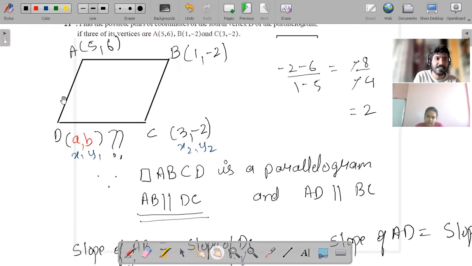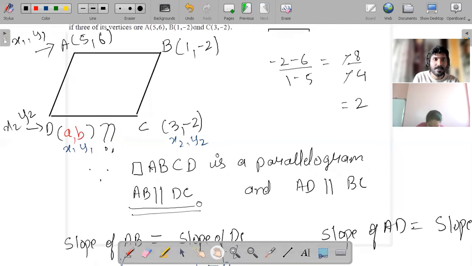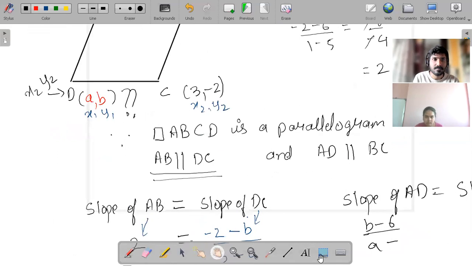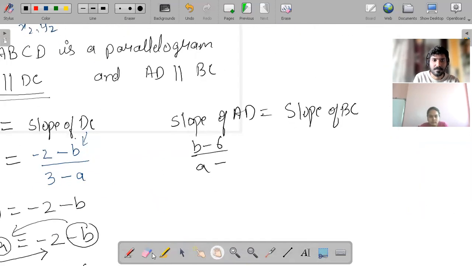If you see AD is this, so when I'm finding out slope of AD, I'll keep this as x1, y1, and I'll call this as x2, y2. So y2 minus y1 would become B minus 6 upon A minus 5. Correct? Did you understand this? Yes. Okay.